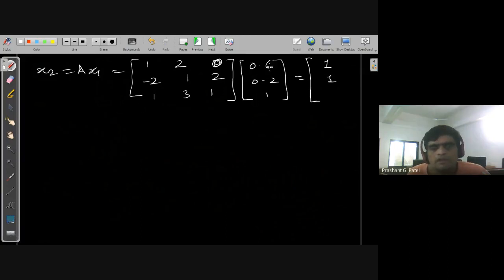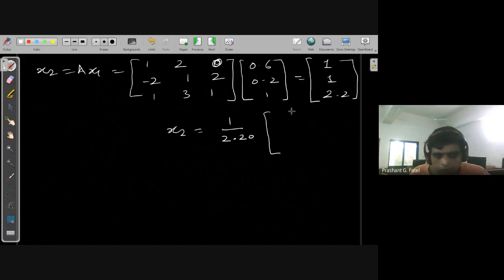And 1.8 plus 0.2 plus 1 is 2.2 in the third row. Here the maximum value is 2.2, so your x2 will be 1 upon 2.2 common out. 1 upon 2.2 is 0.45.